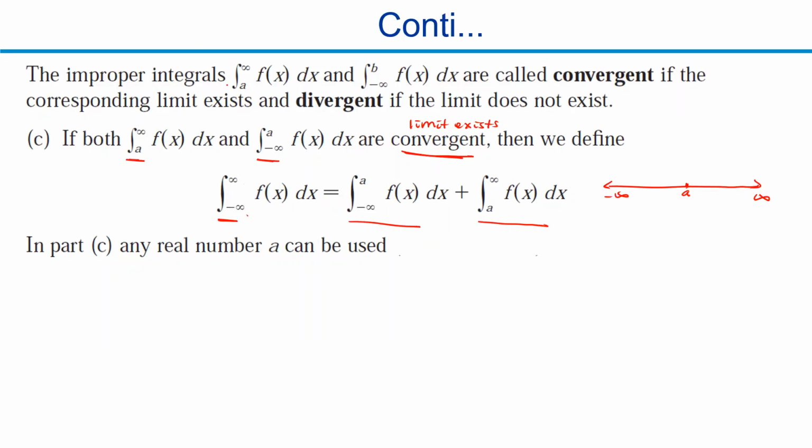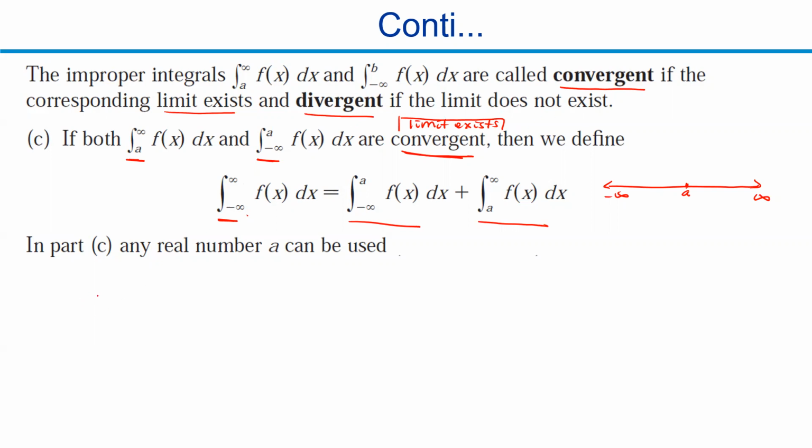The improper integral is said to be convergent if the corresponding limit exists, as I have explained. Otherwise, we say that the improper integral diverges, or is divergent, if the limit does not exist.